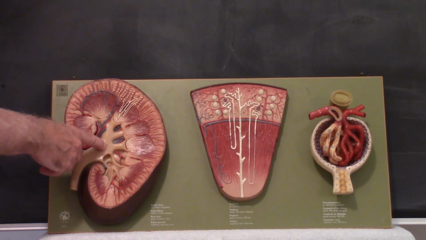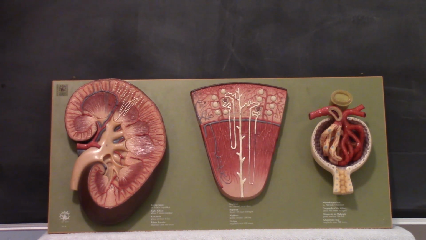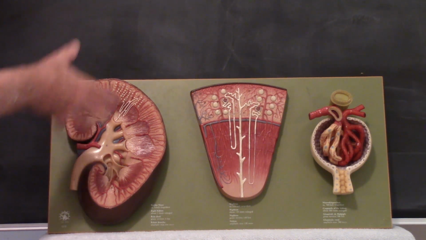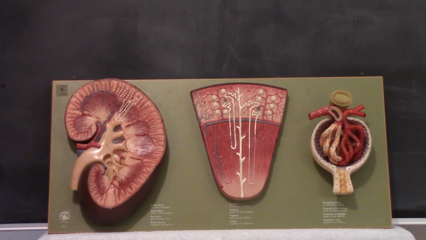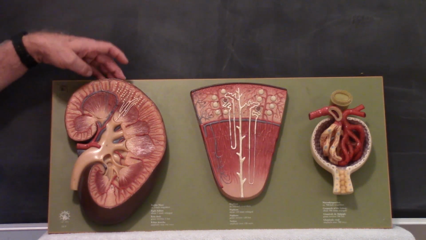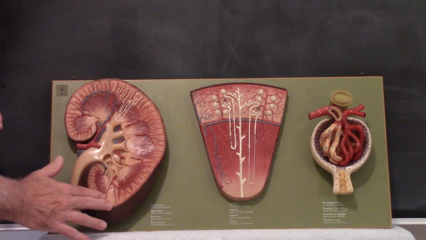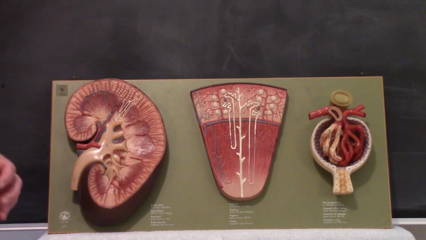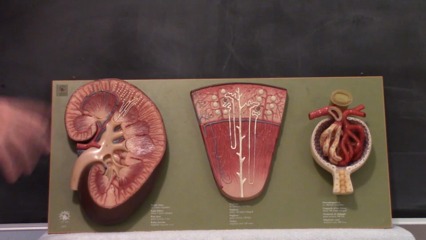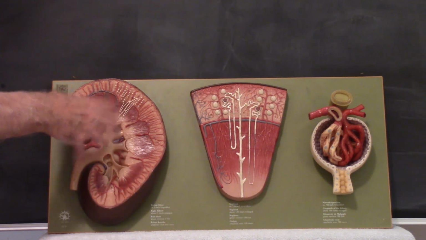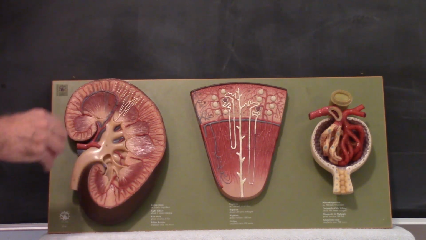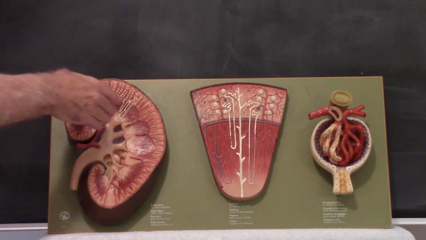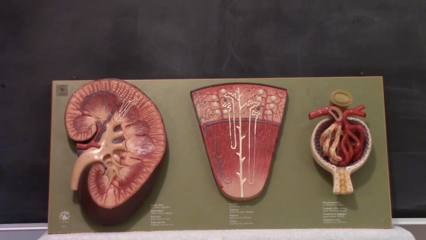And the renal pelvis inside the kidney becomes, and it's just continuous, the ureter. So, the internal components of the kidney include the renal capsule, renal cortex, renal medulla made of renal pyramids, and the calyces and the renal pelvis. The renal pelvis is inside the kidney, and it becomes, when it leaves the kidney, the ureter.